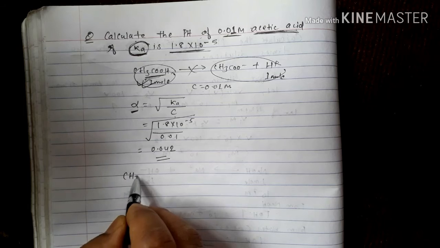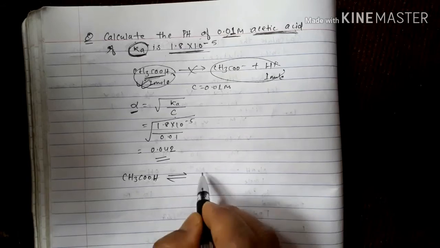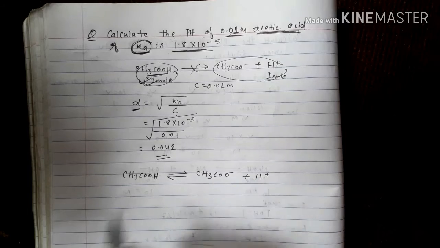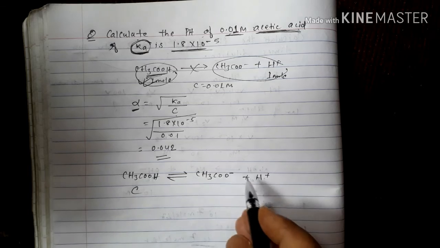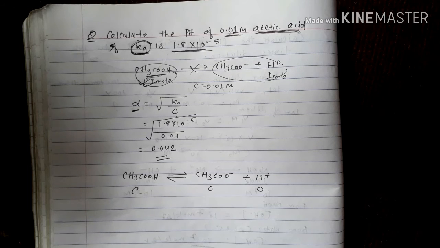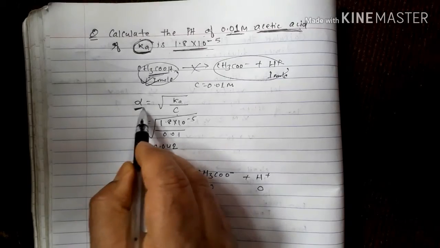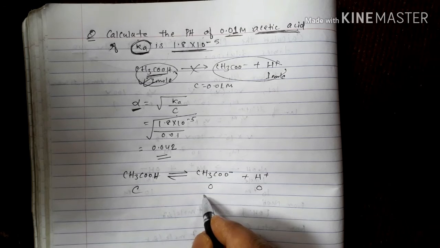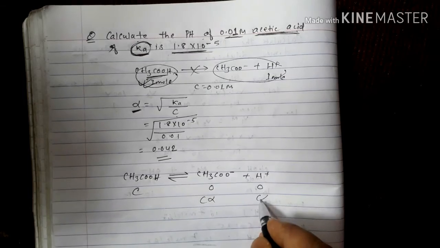We know that acetic acid, when dissolved in water, partially ionizes to acetate ion and hydrogen ion. If the initial concentration is C, before ionization the concentration of acetate ion and hydrogen ion is 0. After some time in equilibrium, alpha is the degree of ionization, then the concentration of acetate ion will be initial concentration times degree of ionization.